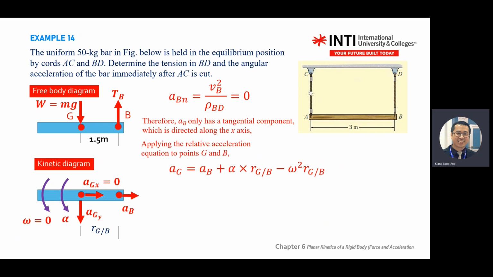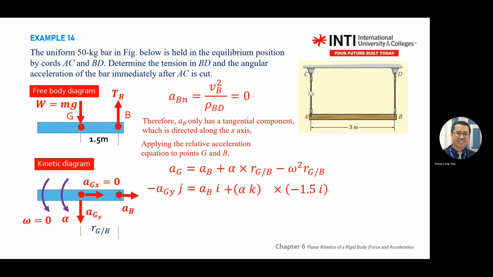Recall there's one more equation you learned before this, where your AG equals AB plus the acceleration of G relative to B. This one you have a normal and tangent direction. So you put it in vector form, minus G, J. Your B is in x direction. And then alpha. Why is alpha positive K? Because it's anti-clockwise. You use your right hand rule. Right hand rule. Like this one.